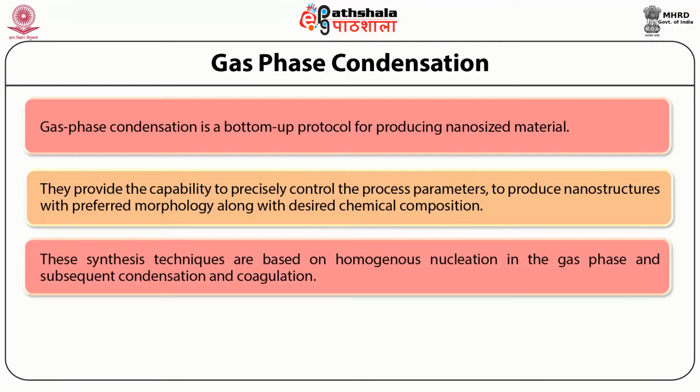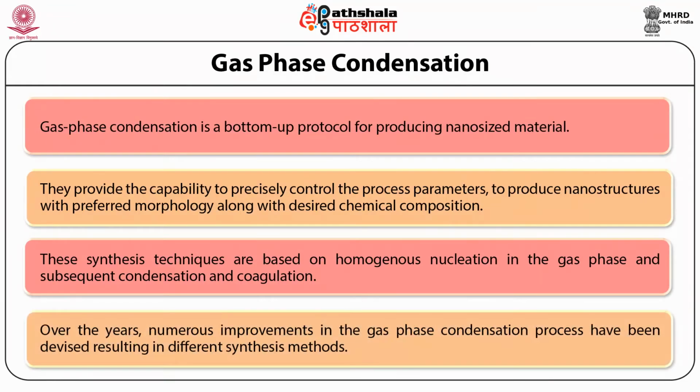These synthesis techniques are based on homogeneous nucleation in the gas phase and subsequent condensation and coagulation. Over the years, numerous improvements in the gas phase condensation process have been devised, resulting in different synthesis methods.